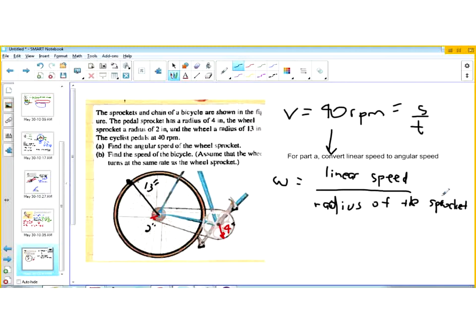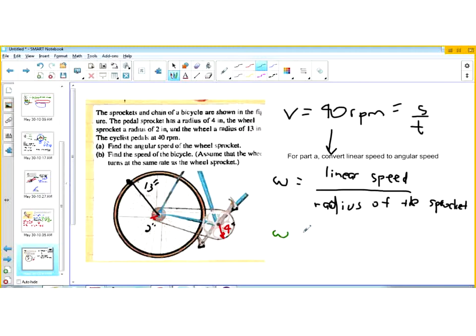Let me see if there's a reference. Okay, so that brings up the formula, the relationship between linear speed and angular speed. I don't think I mentioned that. Yeah, there's a formula. I need to take a checkpoint right here and give you a formula.